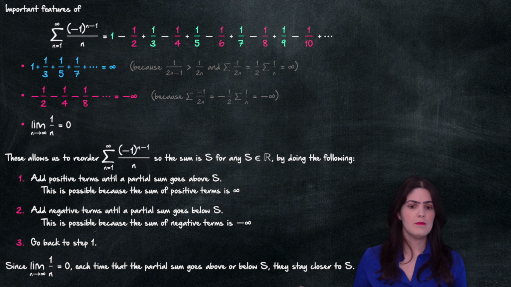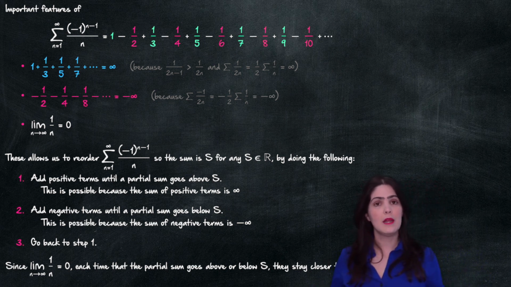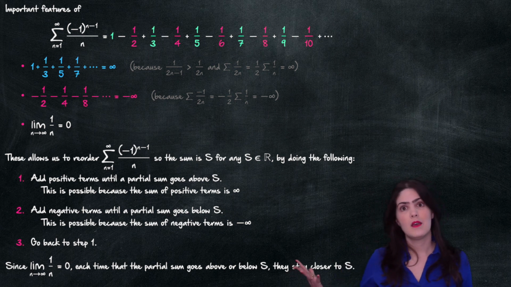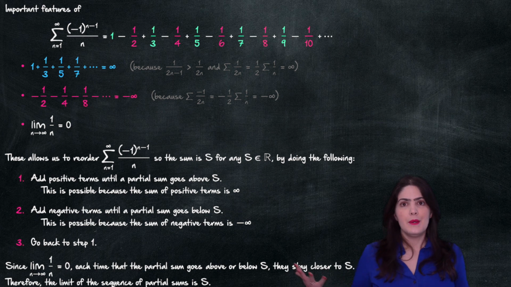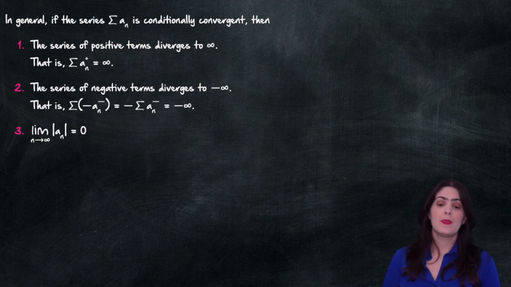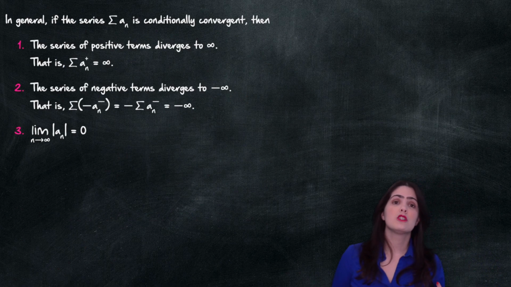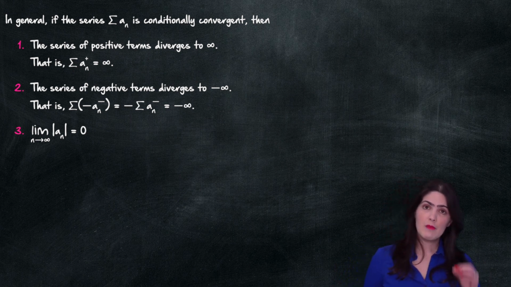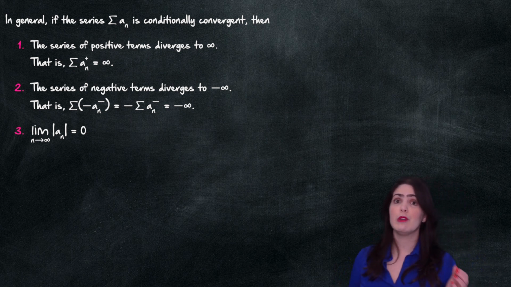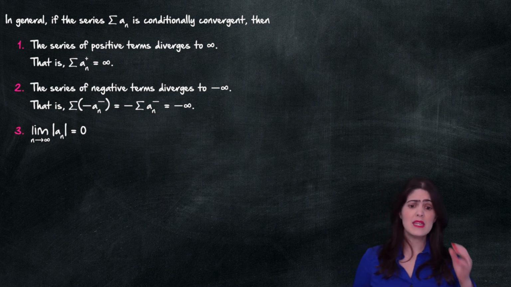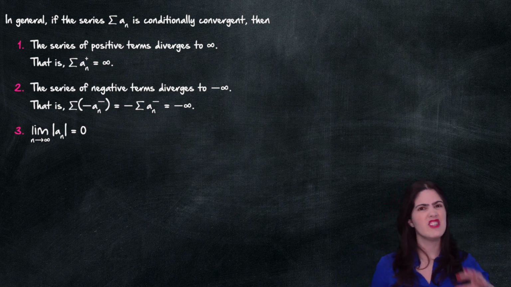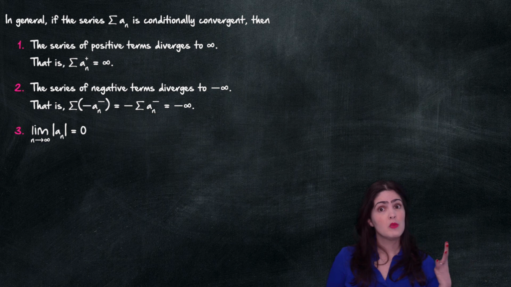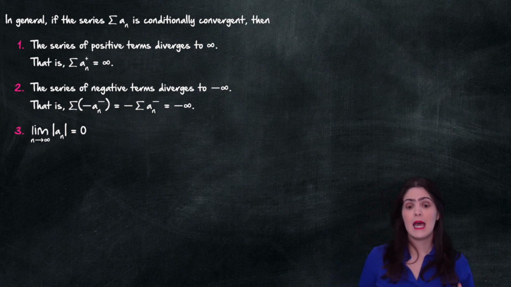So, okay, this worked for the alternating harmonic series, but how can I make it work for any conditionally convergent series? Well, in general, if we know that a series is conditionally convergent, the series of the positive terms is going to diverge to infinity. Or we can look at it as the series of these a_n plus that we defined previously, that is infinity, and the series of the negative terms diverges to negative infinity.